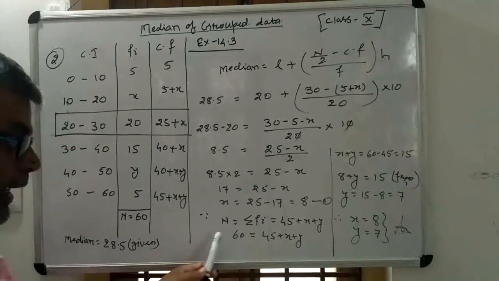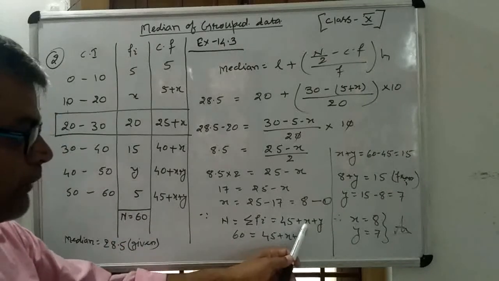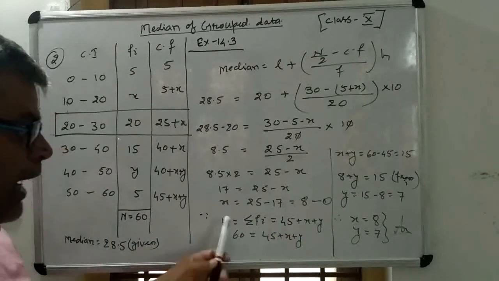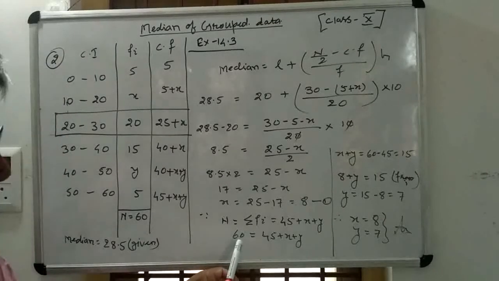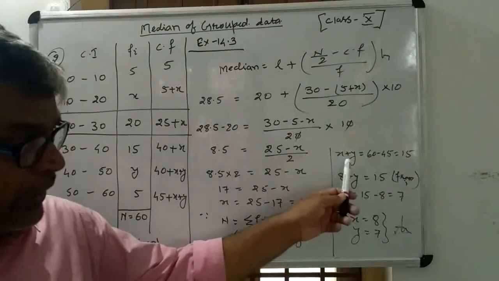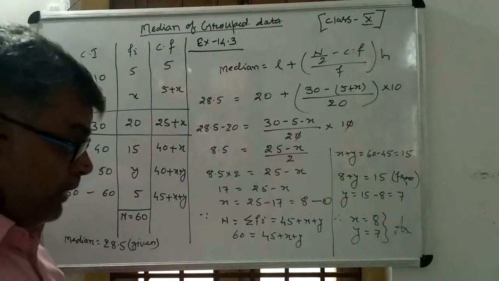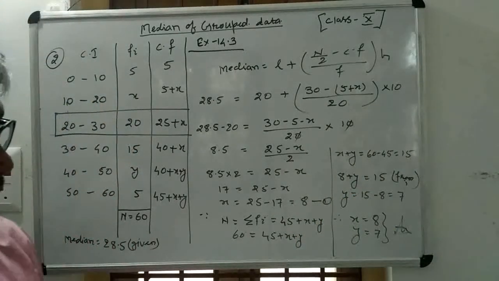Now since we know that n equals sigma fi, which is equal to 45 plus x plus y, and n was given, that is 60. So putting the value of n, 60 equals 45 plus x plus y. From here we calculate x plus y equals 60 minus 45 equals 15.